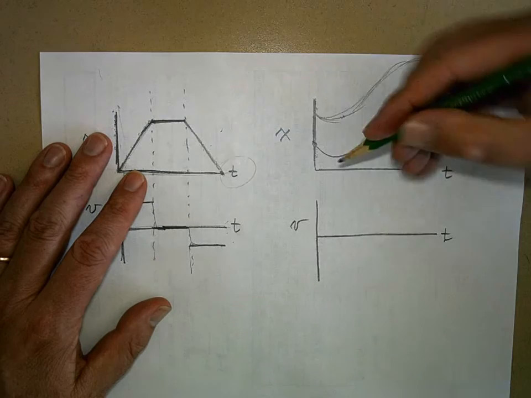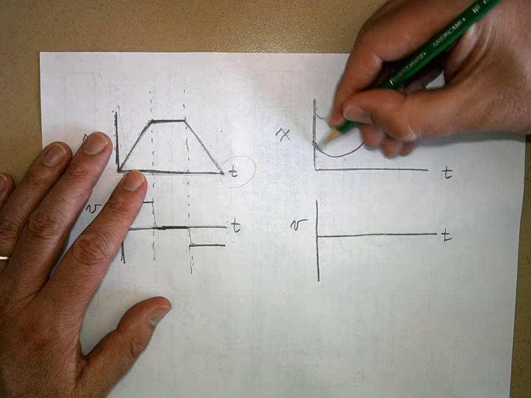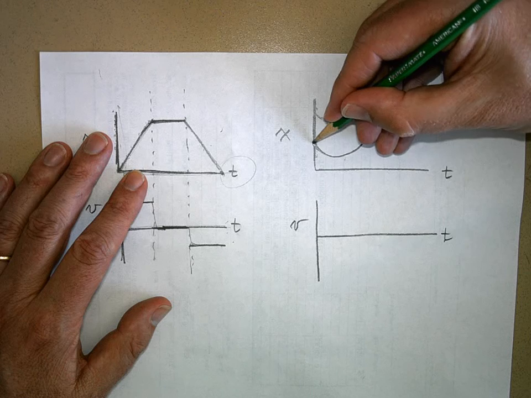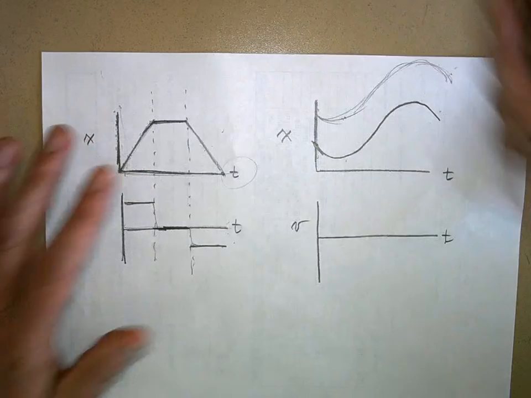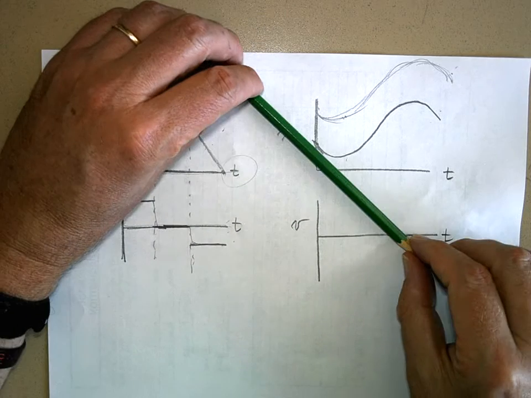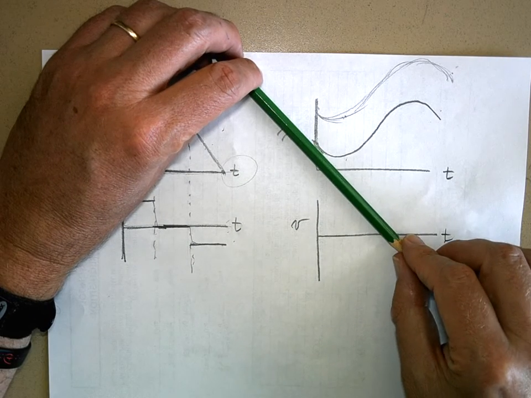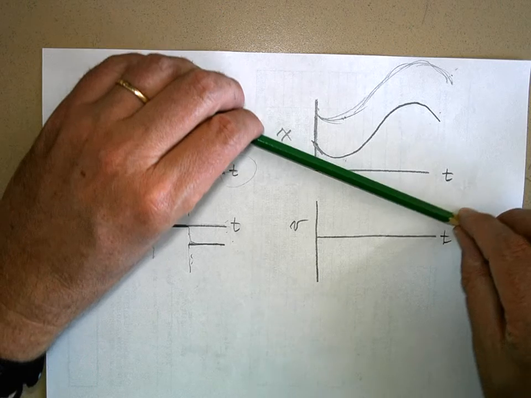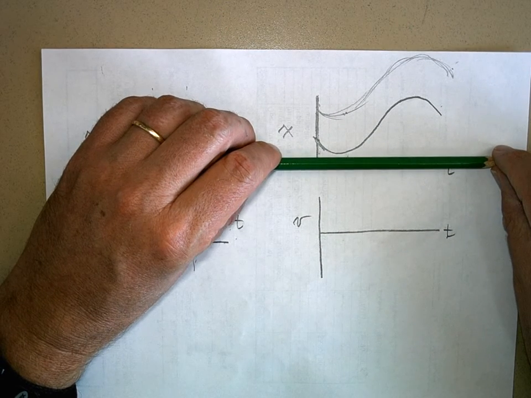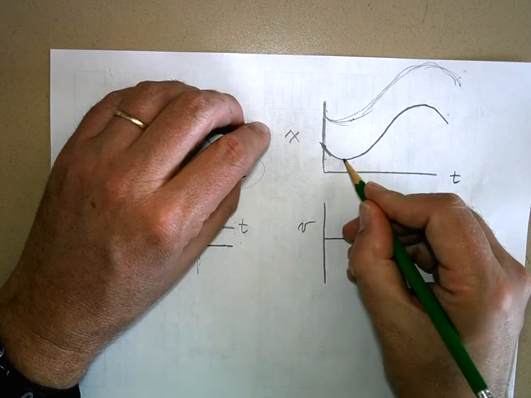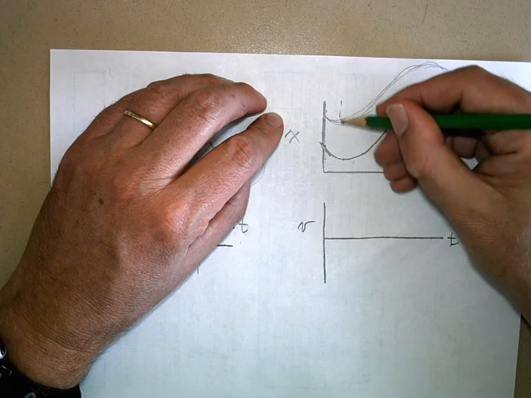What's the slope doing right here? It's negative, right? It's a negative slope. Do you see that? Here's what you can do. You take your pencil and just make a tangent line right there. Negative. And then, see right here, it's 0, huh? The velocity is 0. So that's kind of important. So I'm going to draw a little dashed line that comes down like that.